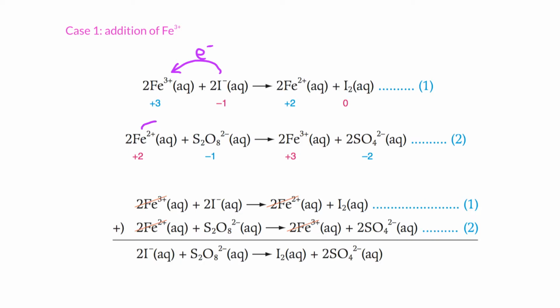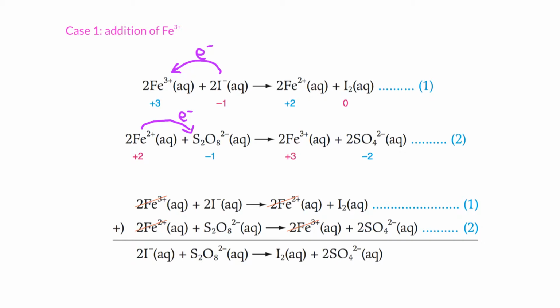The Fe2 plus will pass the same electron to the peroxydisulfate, and after losing the electron, Fe2 plus will become Fe3 plus, and the peroxydisulfate can then become 2 sulfate ions.